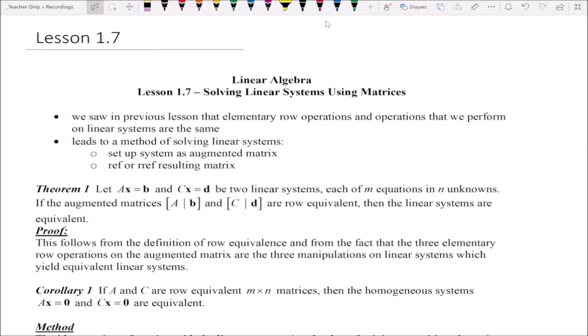Now, in the previous video, we saw that the elementary row operations were identical to the operations that were performed on linear systems. This leads to a method of solving linear systems. We set up the system as its augmented matrix. Then we either reduce it into REF or reduce it into RREF.